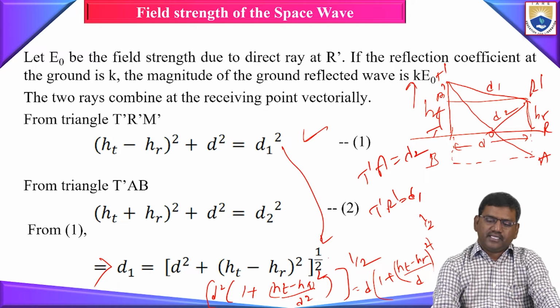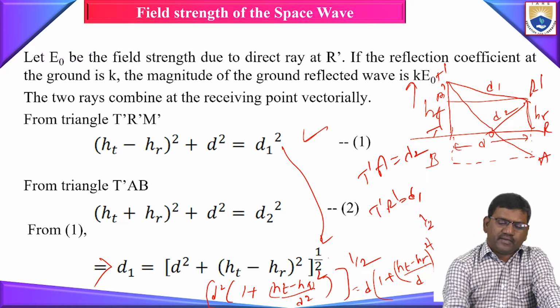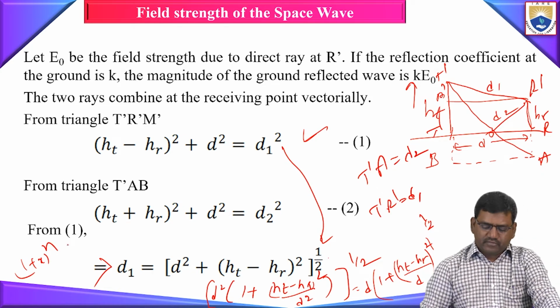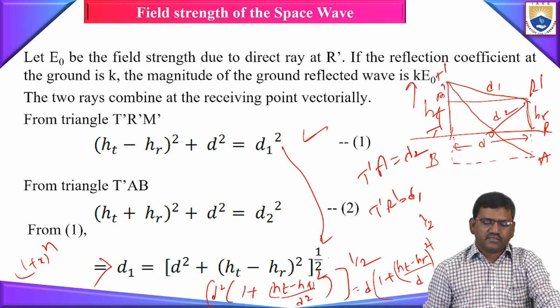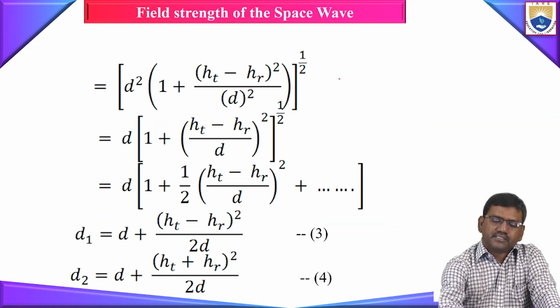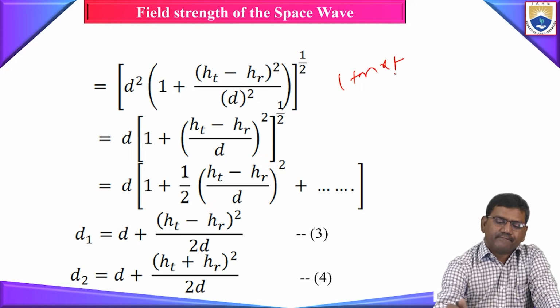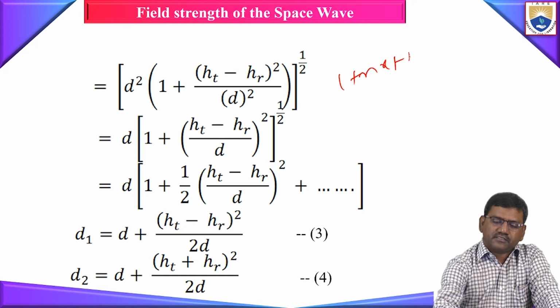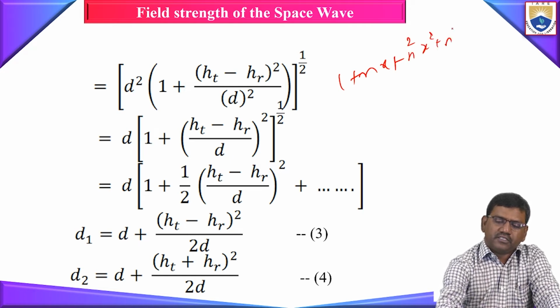So we can also write 1 plus x whole power n from the binomial theorem. According to the binomial expansion, 1 plus x whole power n is equal to 1 plus nx plus higher order terms in x square and x cubed.